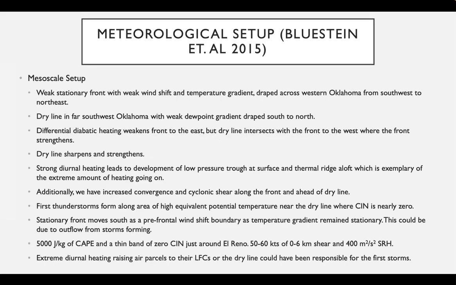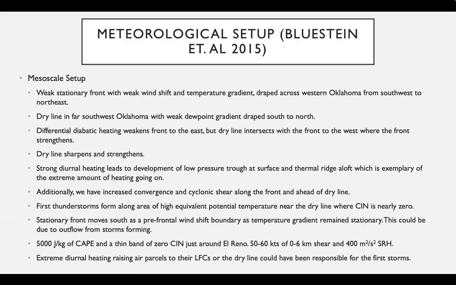Okay, then the mesoscale setup. So you start out with a weak stationary front and a small wind shift gradient draped across western Oklahoma from southwest to northeast. You have a dry line in far southwest Oklahoma with weak dew point gradient.